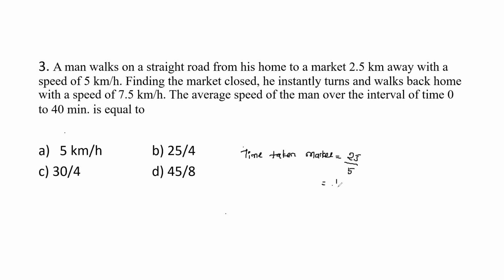2.5 divided by 5 is 1 divided by 2. So time taken is distance divided by speed. Distance is 2.5, speed is 5, therefore it becomes 1/2 hour, because it is given in terms of kilometer and hour. Half hour is nothing but 30 minutes, right?